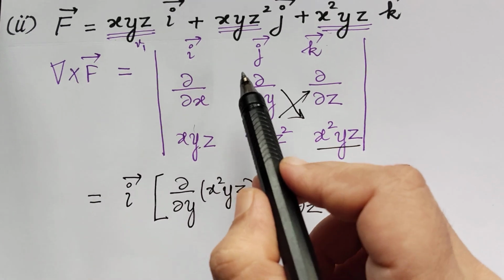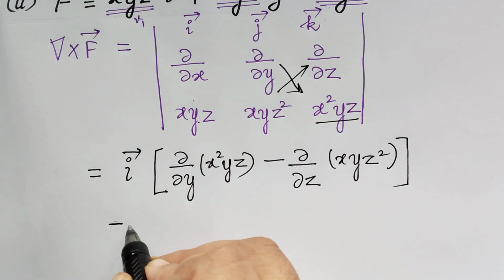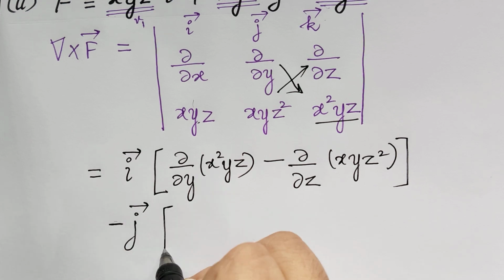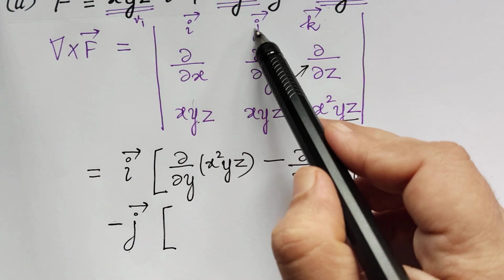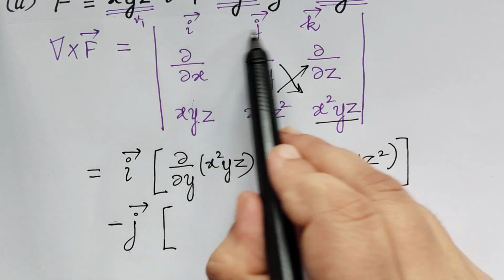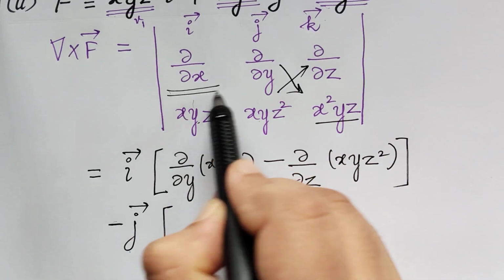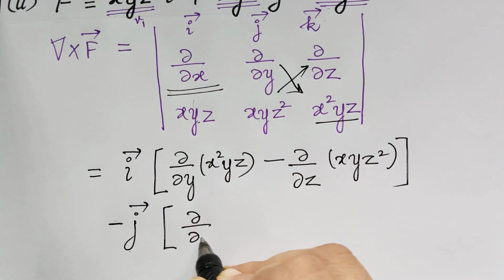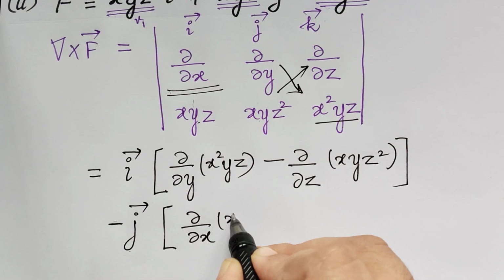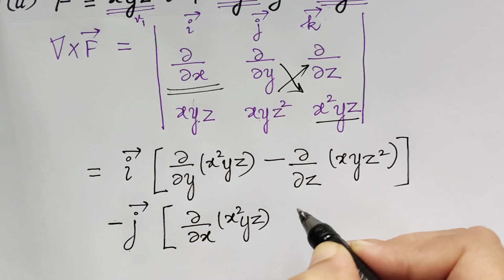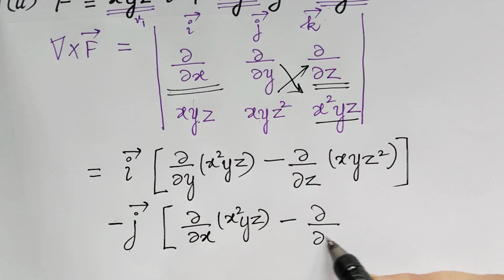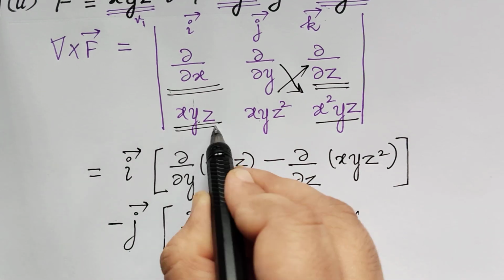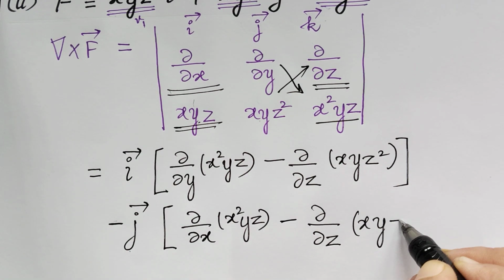And then the jth component we have to take, and so it should be negative j vector, because the second term when we choose we have to take with a negative sign, and block this row, column and this row. So it will be ∂/∂x of this one, x²yz, minus ∂/∂z of this one, xyz.